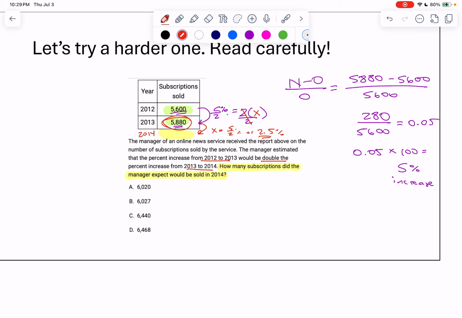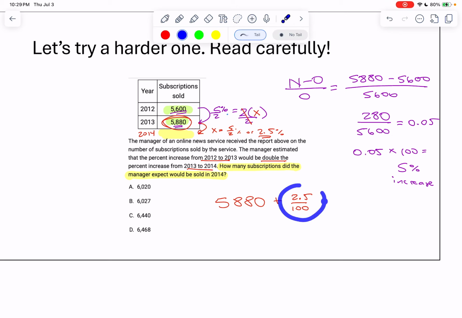So all I have to do now is take this and do an increase of 2.5%. I'll show you the shortcut of how to do that later, but for now, we'll say I'm taking 5880 and I'm increasing it by 2.5%. Now, if I stopped there, I'm doing something wrong. Remember, percents are never values of themselves. They're always of something.